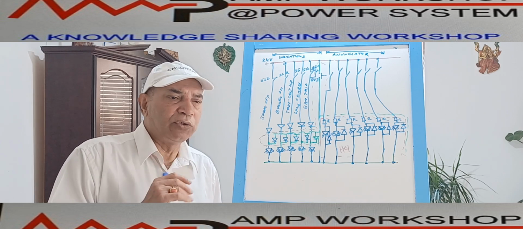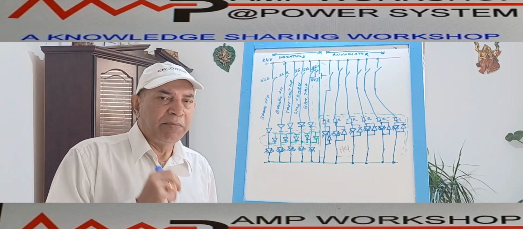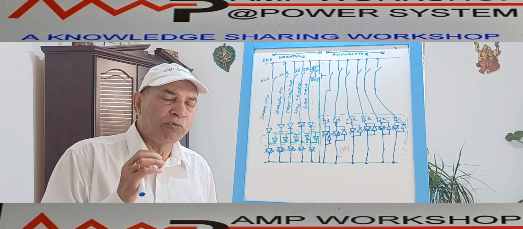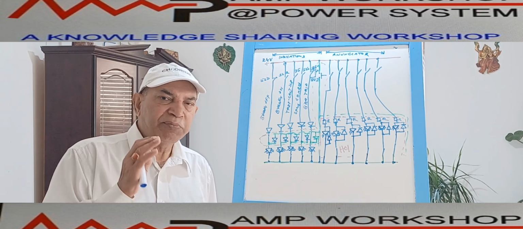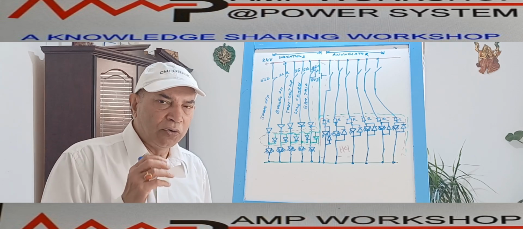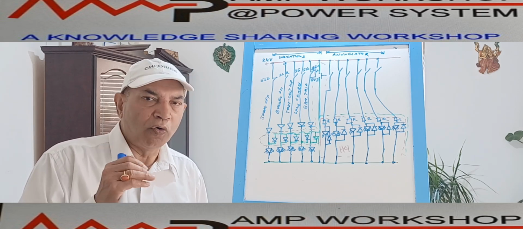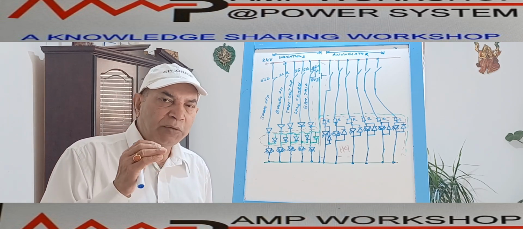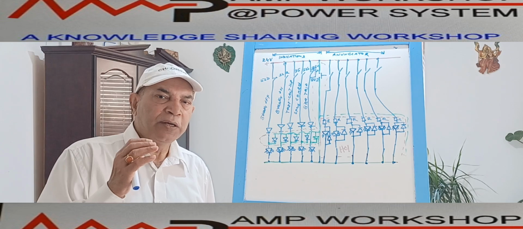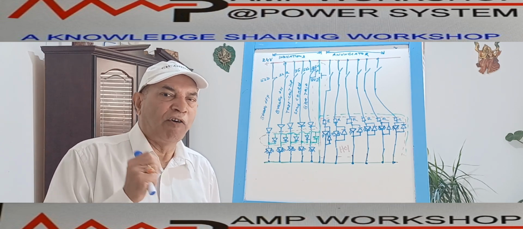In addition, there is another parameter mainly for the SF6 circuit breaker. If the SF6 pressure is low, then during tripping there would be a chance of fire.